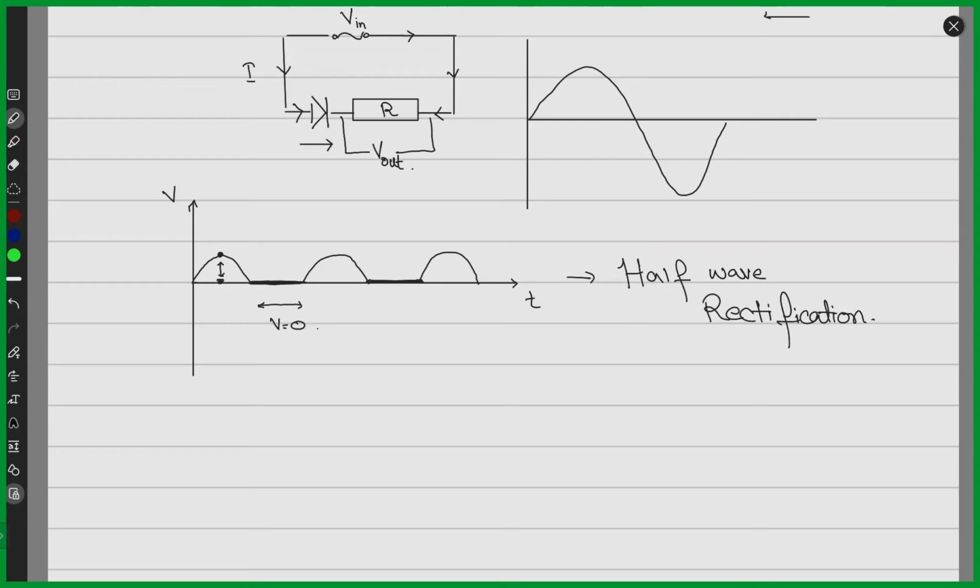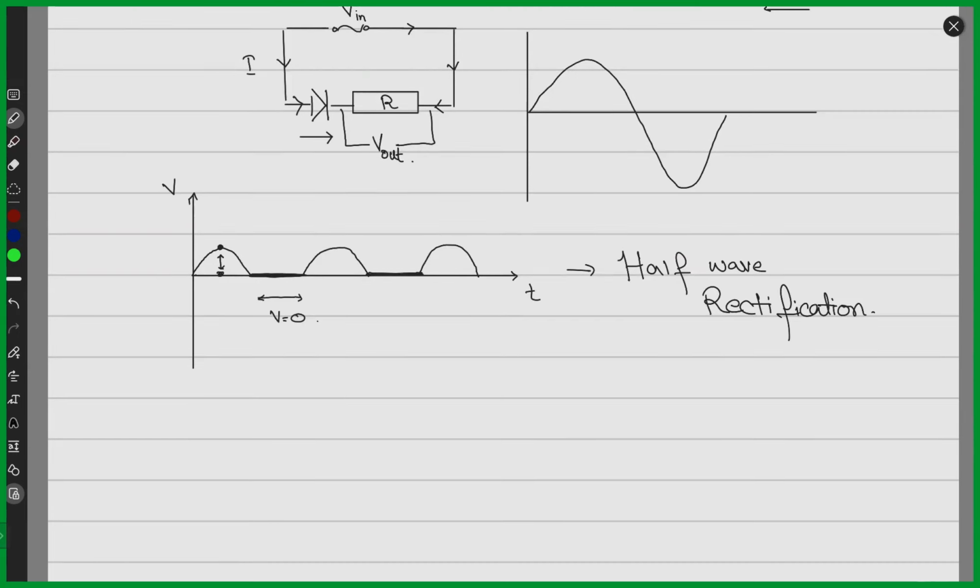Sir, sorry, I have a question. Would this affect the power? Yes. Would this affect the total power? Okay, so what is power? Power is V times I, right? So the total power that is supplied is a constant.